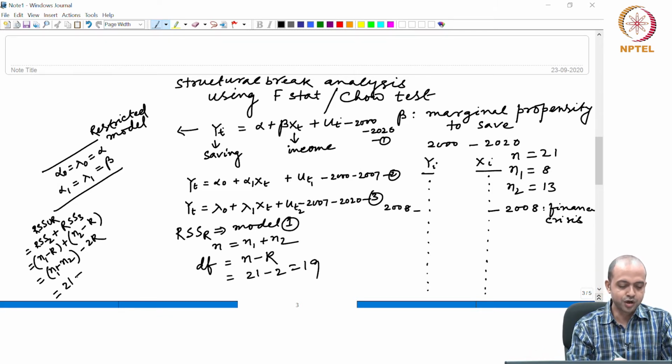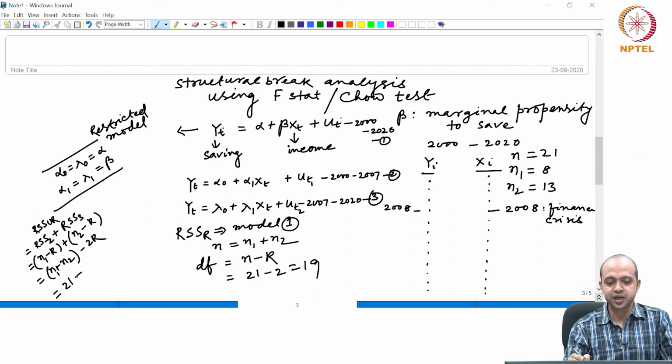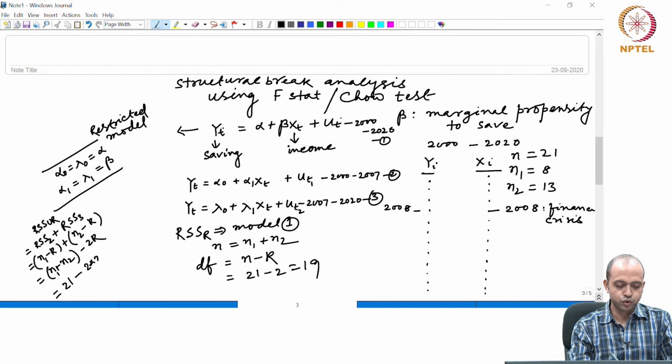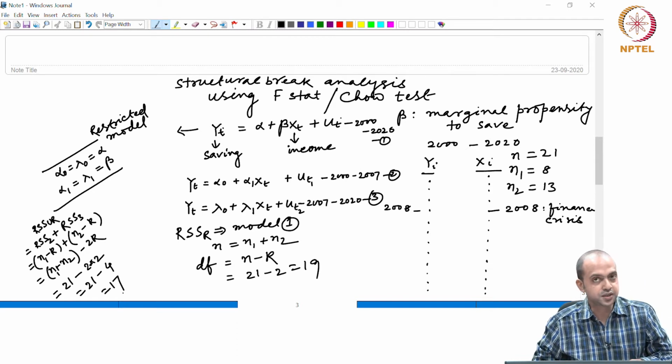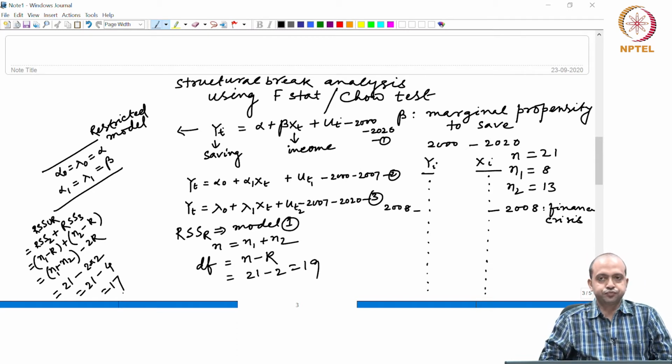So 21 minus 2k, and what is k? K is always 2, 1 beta and 1 alpha. So that means 1 slope coefficient, 1 intercept coefficient, and as a result 2 into 2, 4. So 21 minus 4 equals 17. So this is the degrees of freedom for the unrestricted model. Okay, degrees of freedom for the unrestricted model.